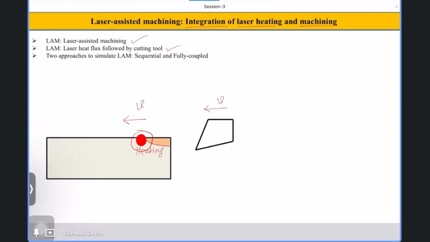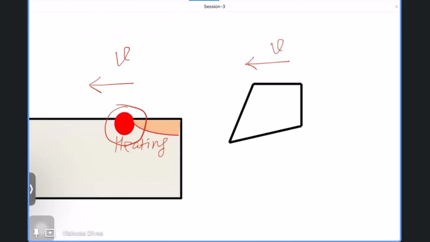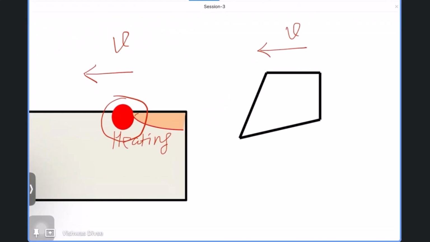After heating, heat diffuses into the workpiece due to conduction. That's why I have carefully shown this region here, because as time passes, this conduction depth will slightly increase. It is a transient phenomenon, because we are not going to model it as static.